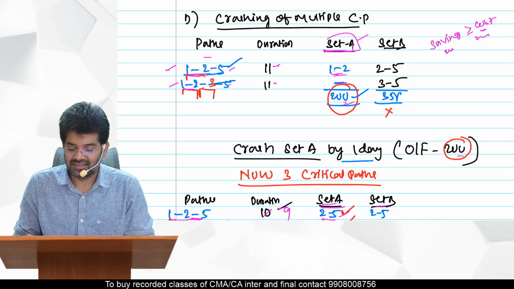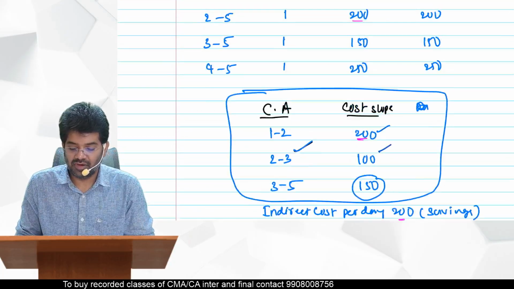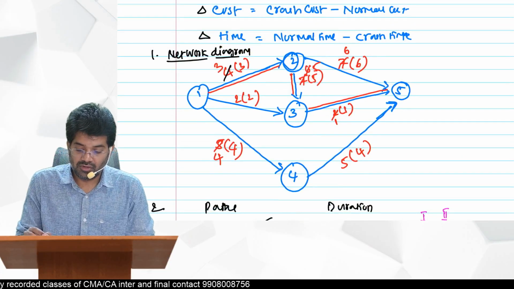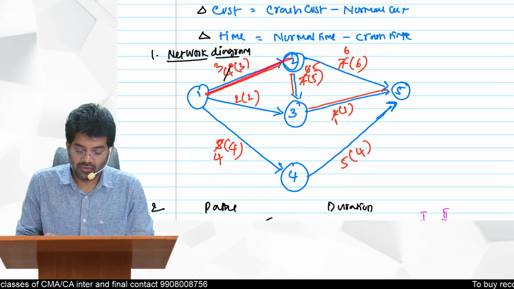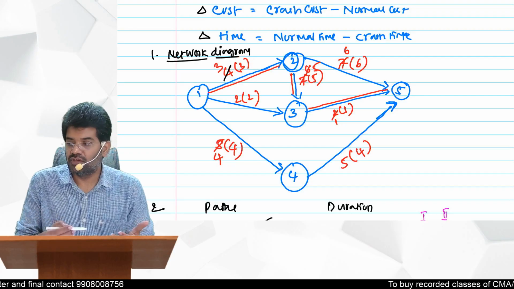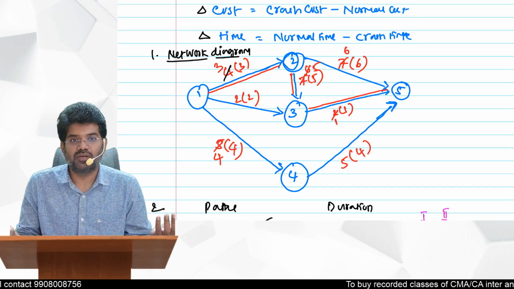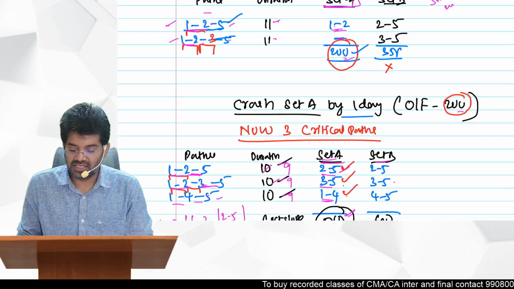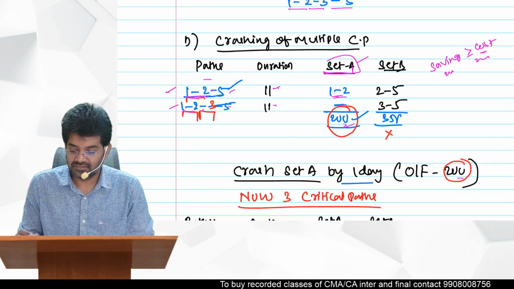Only 1 day. So further crashing of 1 to 2 is not possible. See the question, 1 to 2: normal time is 4, crash time is 3. So if you crash 1 day, there is no further possibility of crashing. So that is the reason that combination is not selected here.